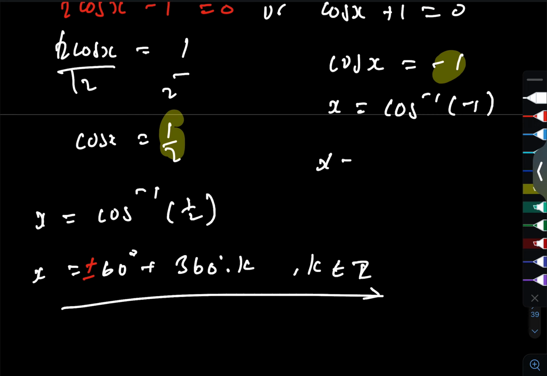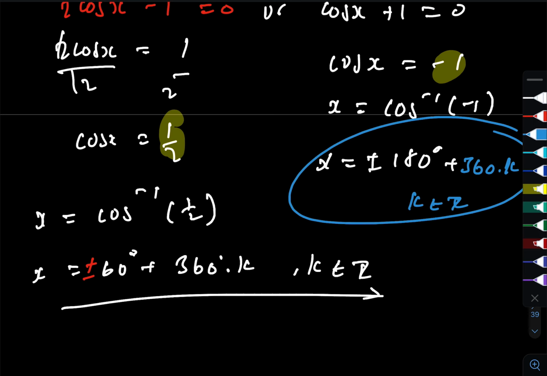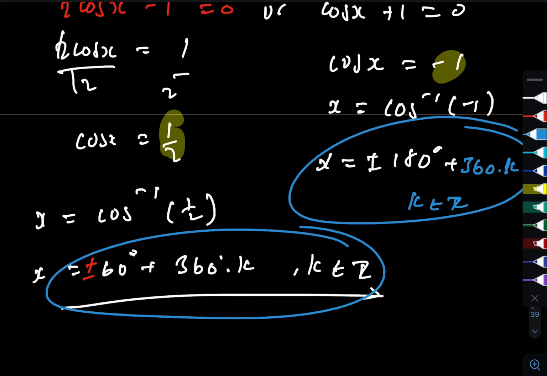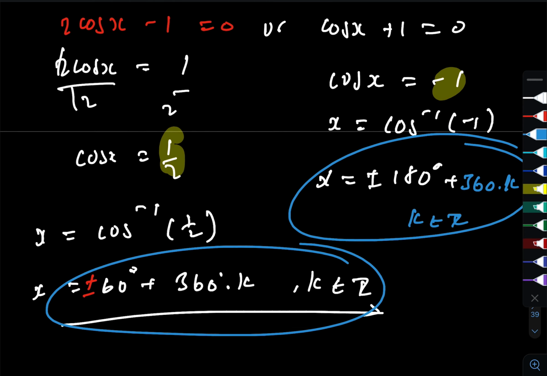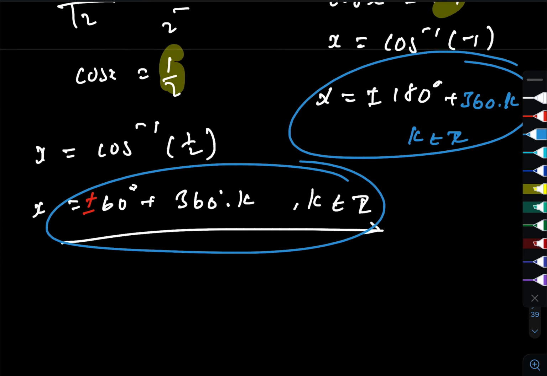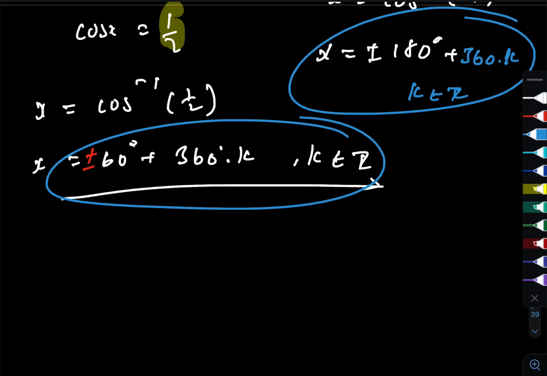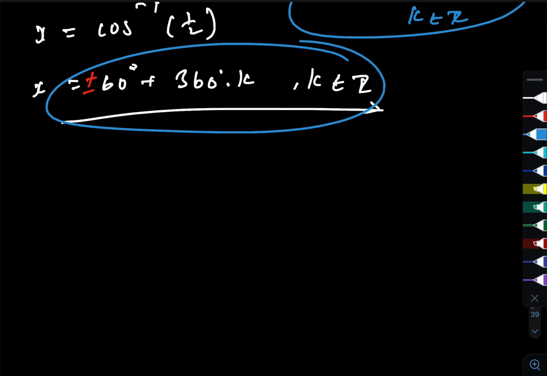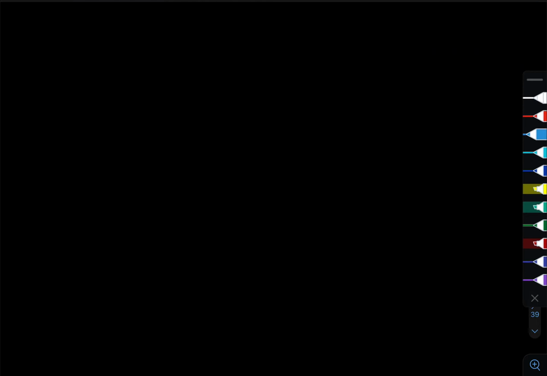So I'm going to have x as plus or minus 180 degrees, plus again 360 degrees times k, where k is an element of z. So I'm done for that. Right. So you see you have two separate solutions. You can simply work with those separate solutions just like that. Now let's take another one which also will require factorization, but a different type of factorization.